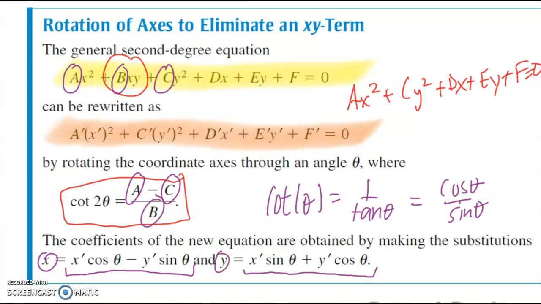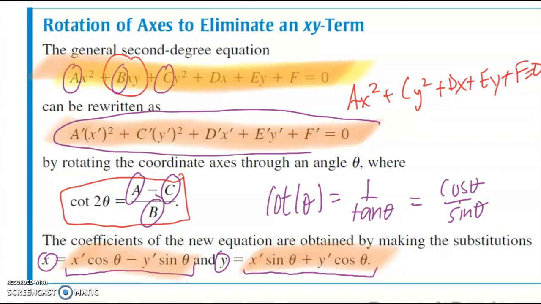So now you have your x and your y. You take this substitution here, put it into this equation, do the math, and you're going to end up with an equation with primes. And that's going to be your conic, but when you graph it, you're going to move the axes theta units.